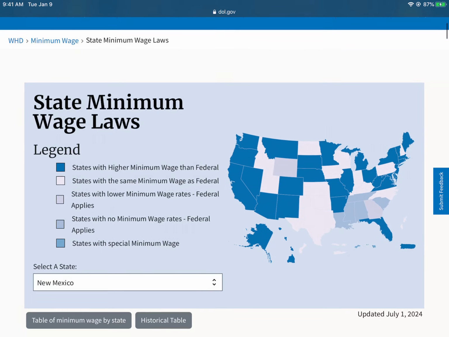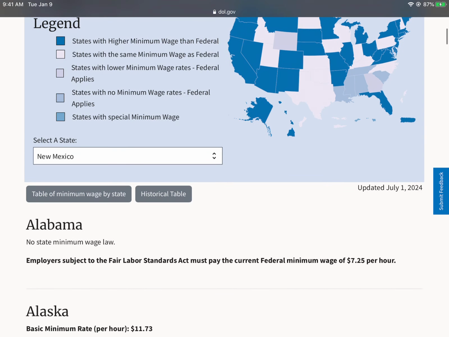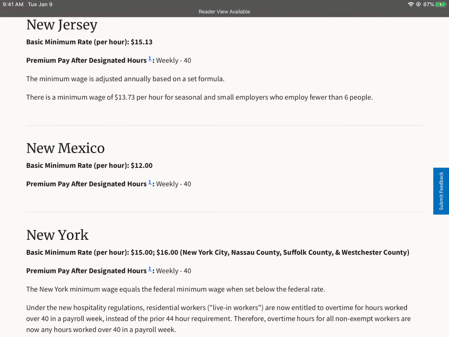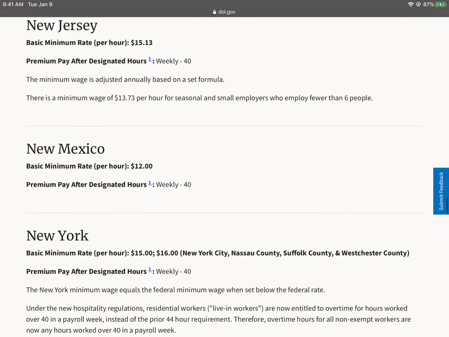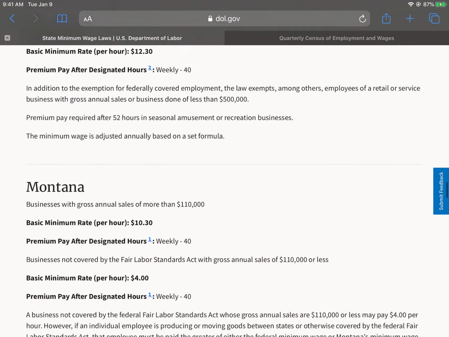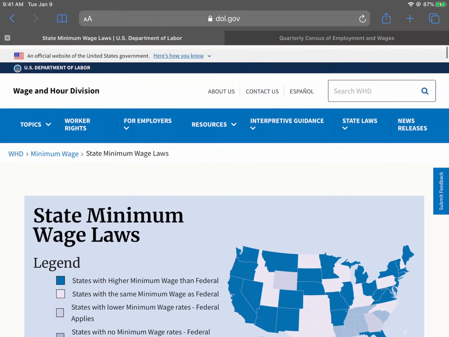One of the things that you will see once you click on dol.gov is the state minimum wage laws, which give you different information about different states. For example, New Jersey's basic minimum wage is 15.13. You also have New Mexico and New York, so you have information about the minimum wage per state.